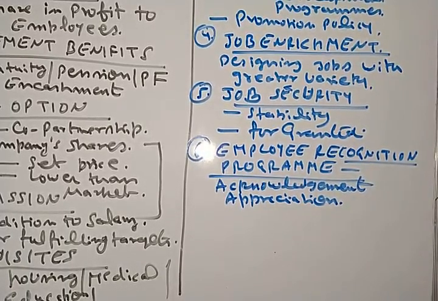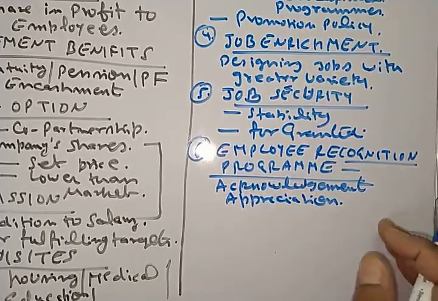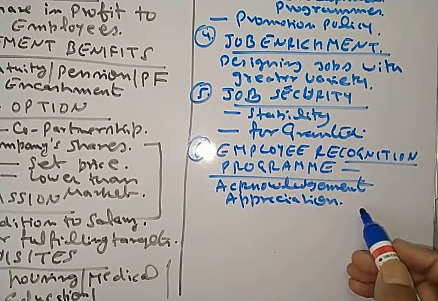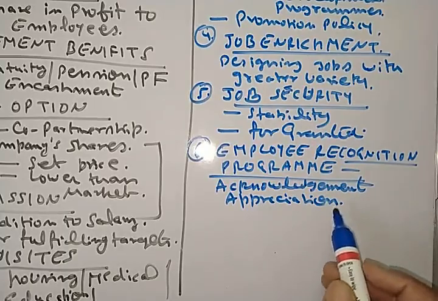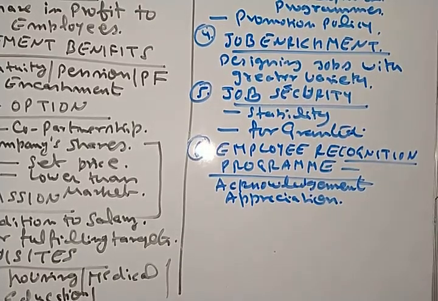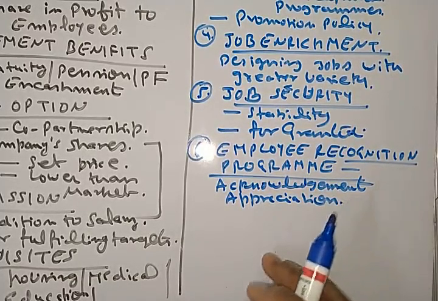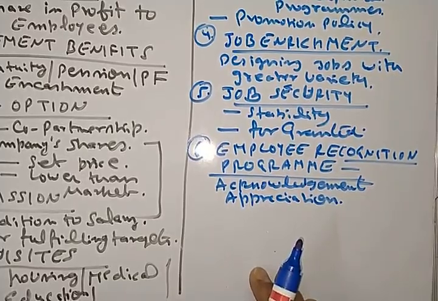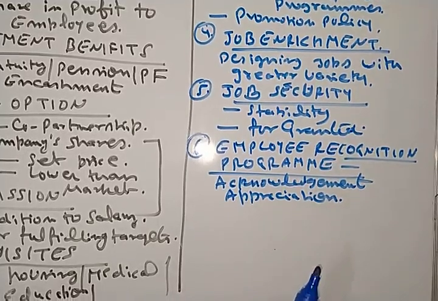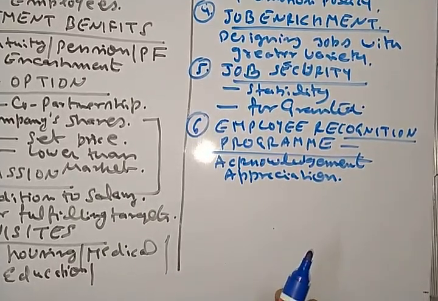Recognition in the organization boosts the self-esteem and employees feel motivated. When employee is recognized, suppose there is a system in an organization that once in a year they conduct a program where some employees are awarded.